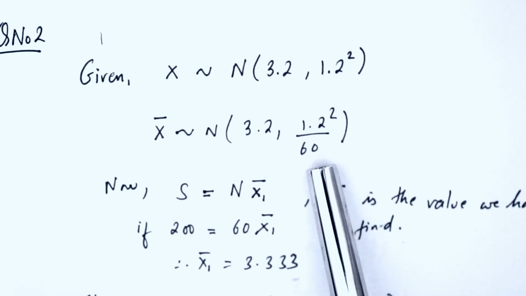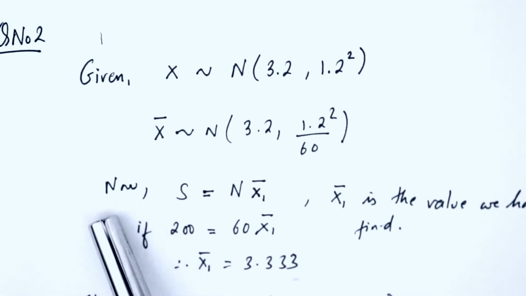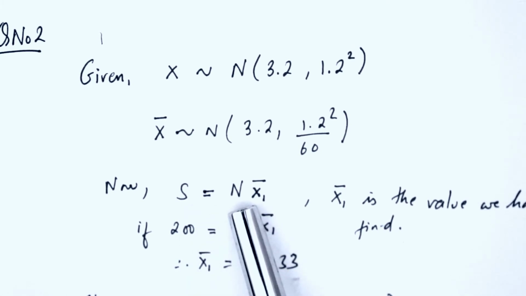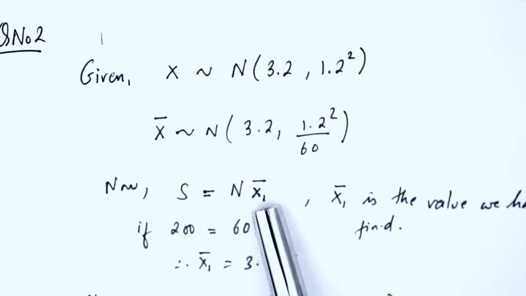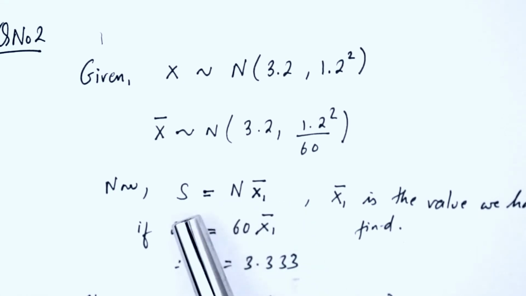So because n is 60 here, we divide it by 60. Now we also know that S is n times the x bar, right? So whatever the value of the mean is here, that multiplied by n should give you the value of S.